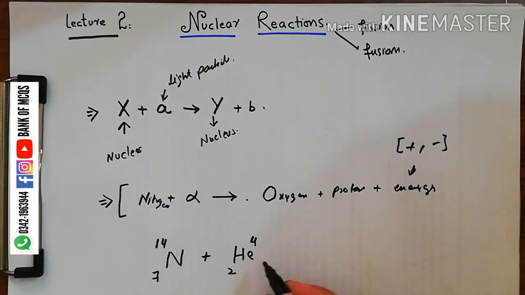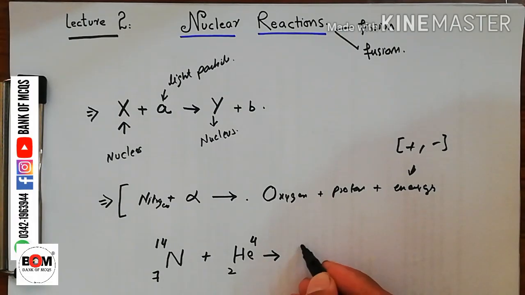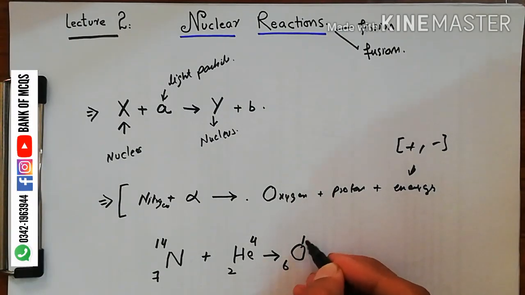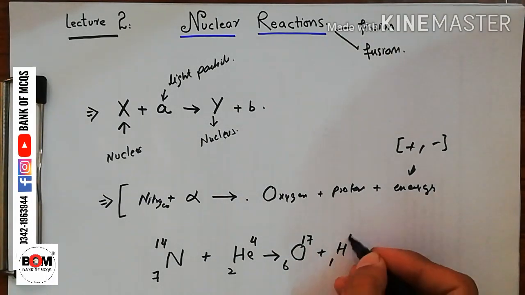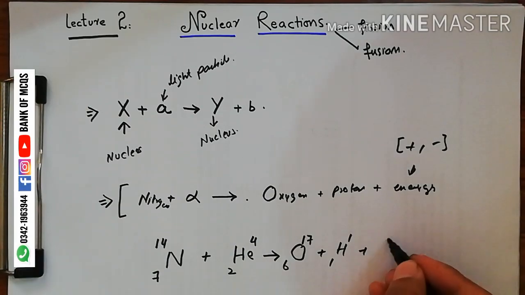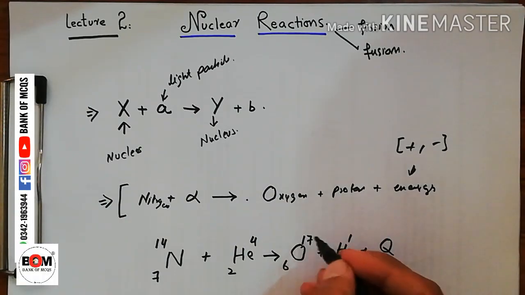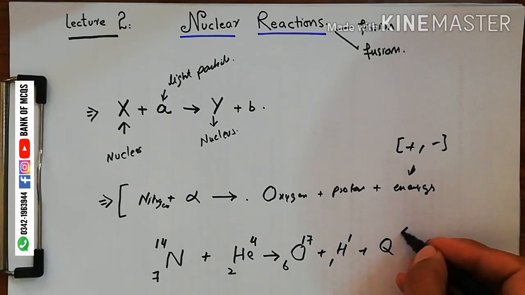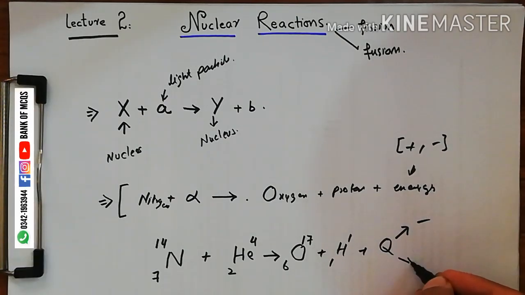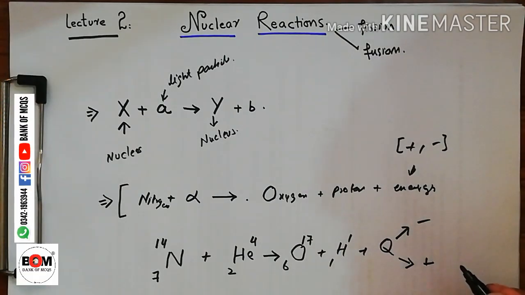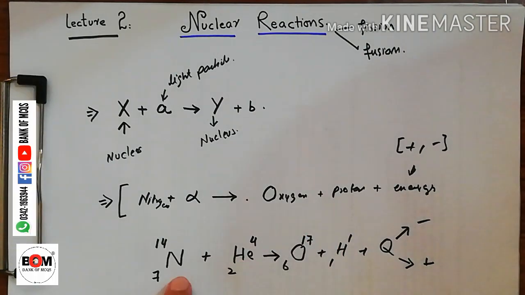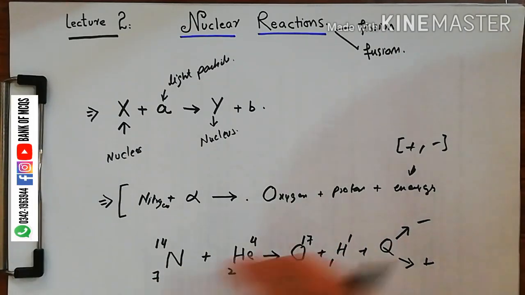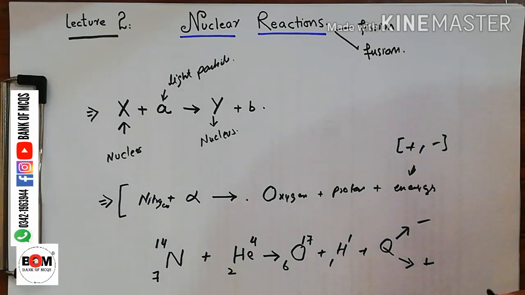So the nitrogen reacts with an alpha particle and gives us oxygen O-17. So 7 plus 2 is 9. Here hydrogen is 1,1, and 8 plus 1 is 9, plus energy. Now this energy will be negative or positive.